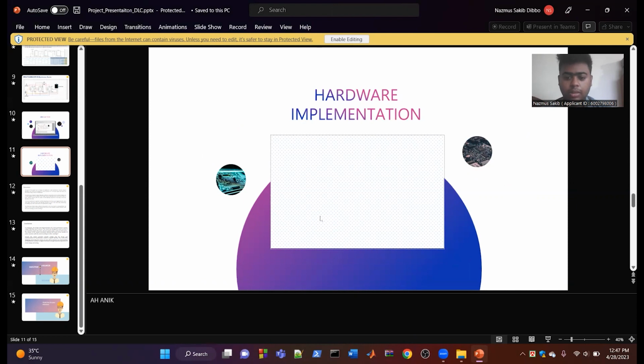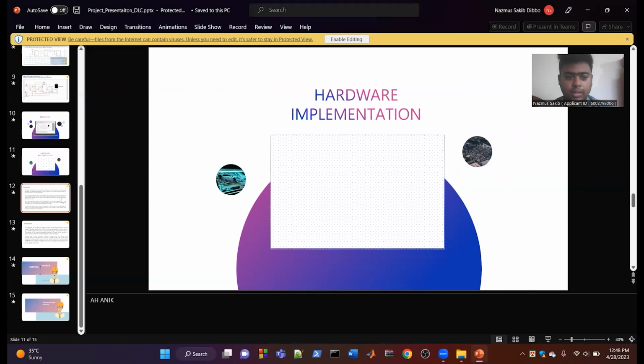Our group members implemented this project in our classroom. And at that time we also described our hardware implementation part by part, and we also described how we can implement this project. And I hope everyone understood our software presentation.